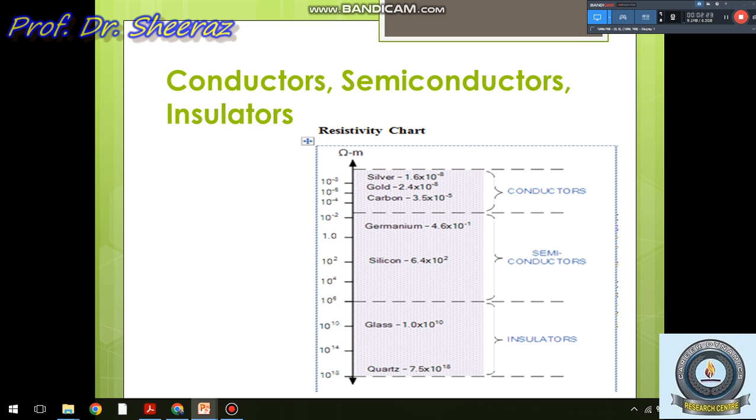Whereas semiconductors lie between the conductors and the insulators. Normally in the electronic industry we utilize two devices, germanium and silicon, which are mostly utilized for making any electronic devices.